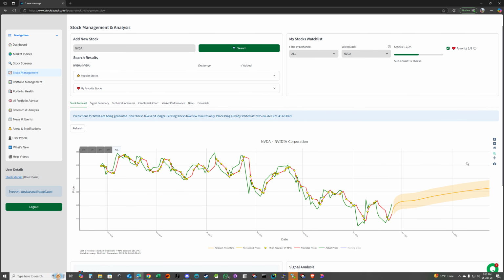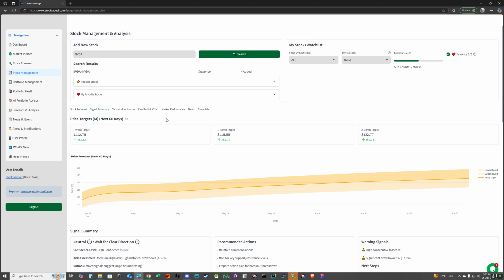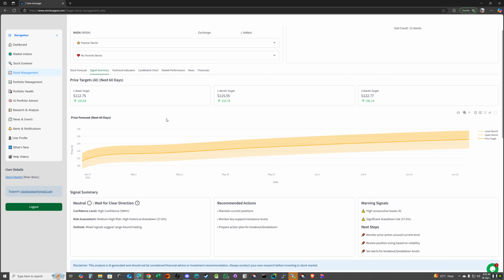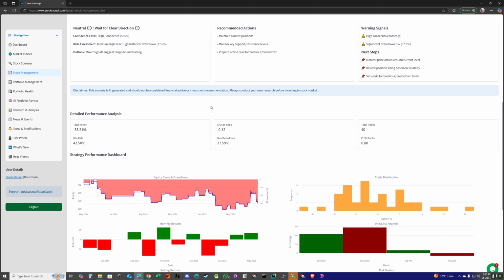Okay. Now going to the next tab, which is the signal summary, which is an extension of the stock forecast tab only, but here we deep dive into more detailed data on the basis of the various analysis done.